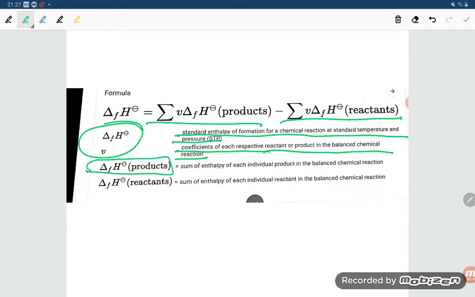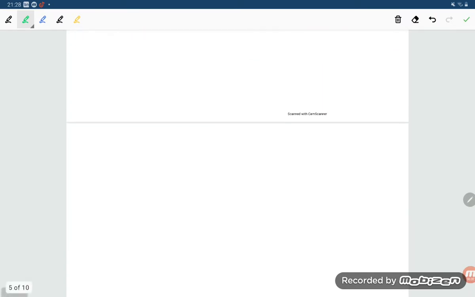Delta HF products is the sum of the enthalpy of each individual product in the balanced chemical equation. Delta HF reactants is the sum of the enthalpy of each individual reactant in the balanced chemical reaction.